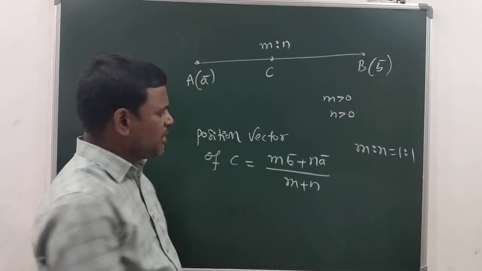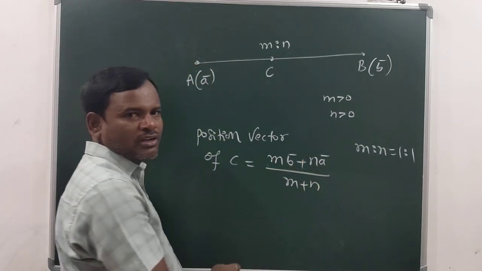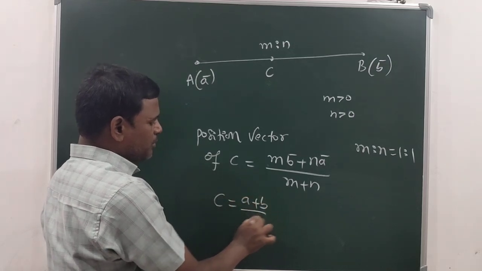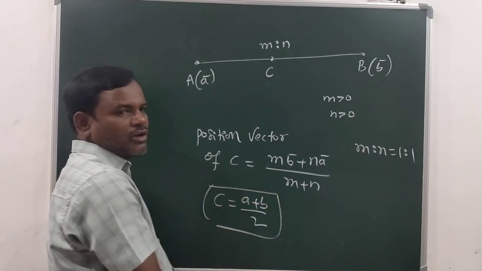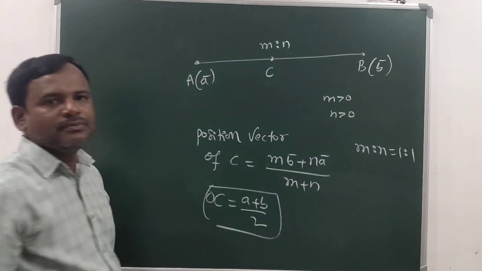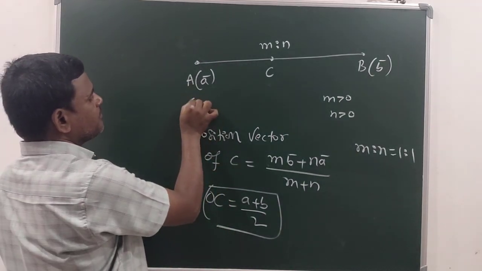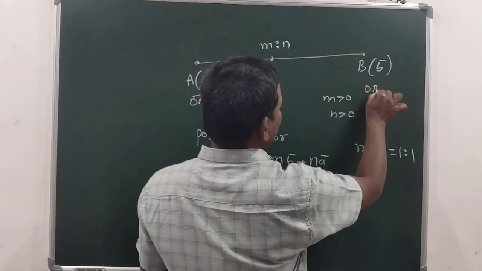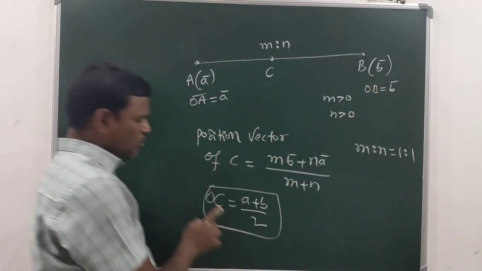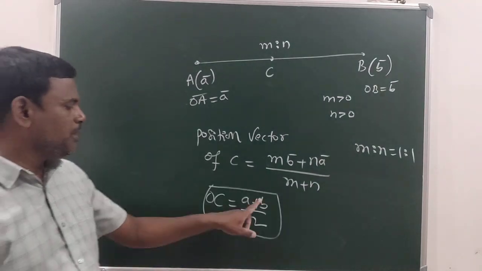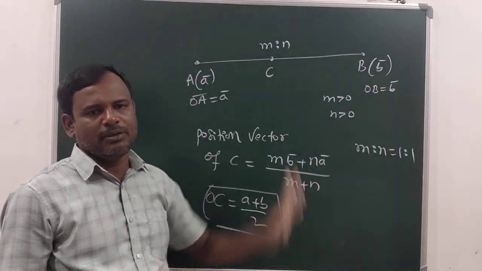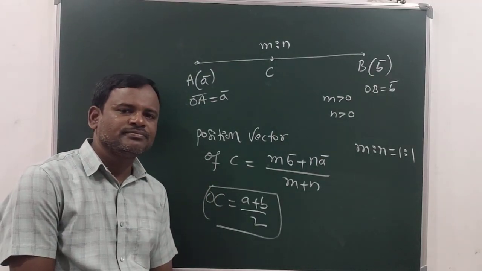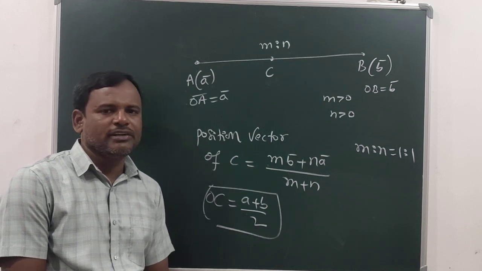You know that if you put m equal to 1, n equal to 1, then C's coordinates will become A plus B by 2. You can write it as OC. This is OA. OA is equal to A bar, OB is equal to B bar. Now the position vector of C is A plus B by 2 if C is exactly the middle of AB. So this is called the section formula. I hope you have got it.